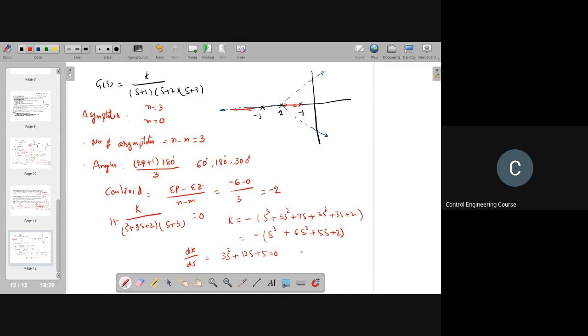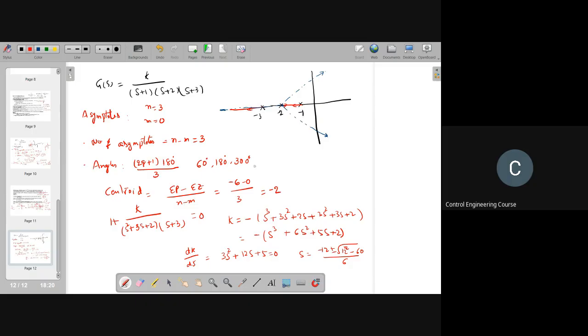So the roots are s equal to minus 12 plus or minus the square root of b square minus 4ac, that means 12 square minus 60, by 6. I need a calculator here, but right now I don't have one.